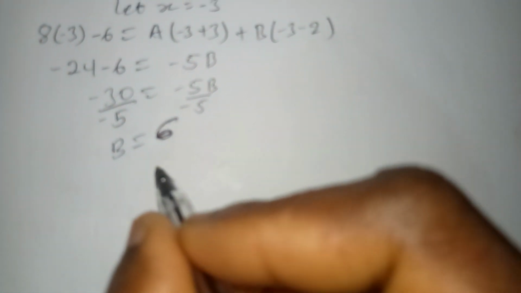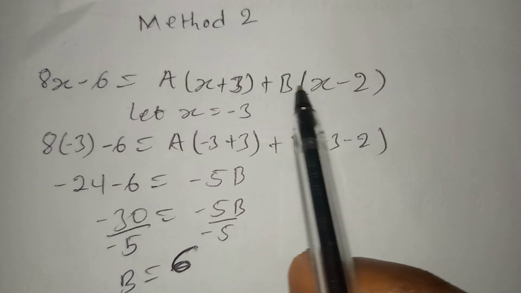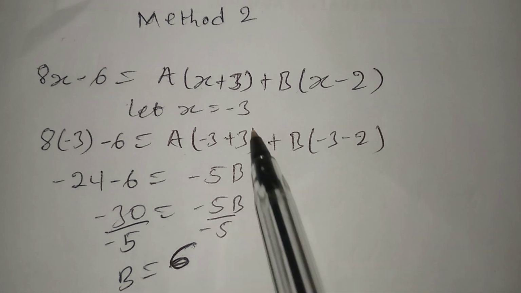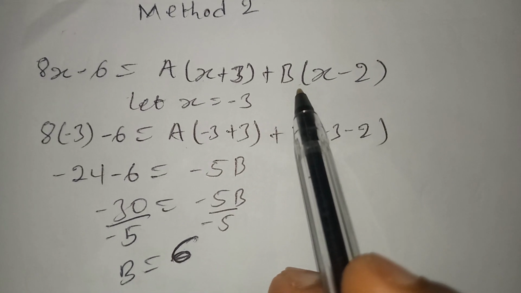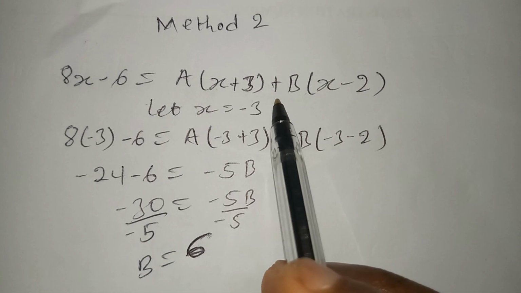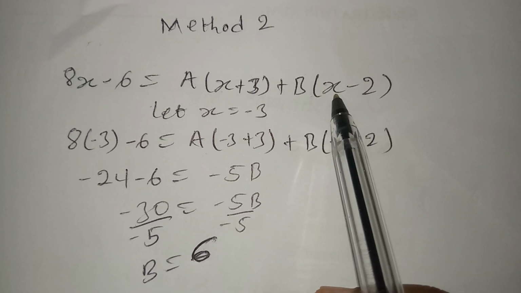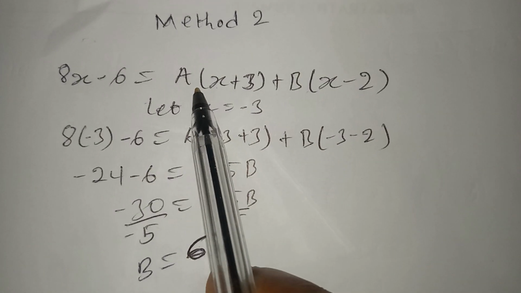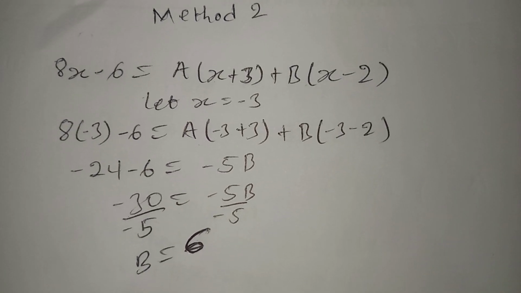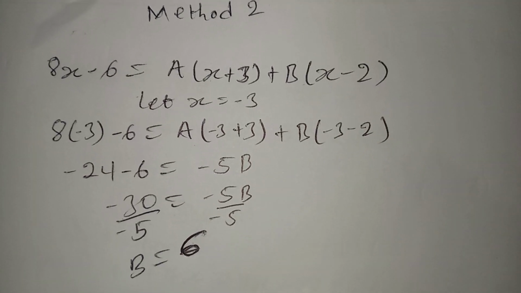Now let's also get rid of B from this equation. You can also substitute what B is here, but to make it simple, we have to find our way to manipulate the B component so that we work for A. And how do we do that? We can let x equal to positive 2.